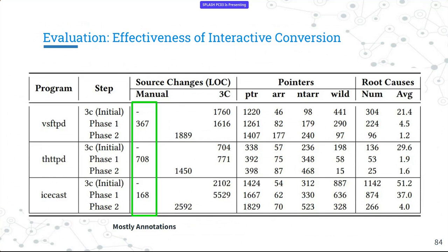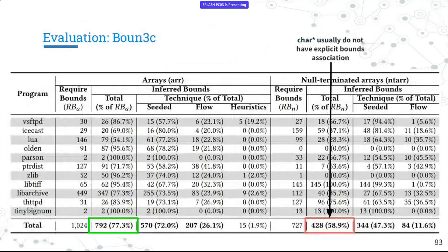The question is, what if you're wrong about that heuristic where you took the integer in the struct to be an indicator of the size? Yeah, that's right. We have a mode in 3C where you can just disable the heuristics and run. In which case, we do have a report saying which pointers were inferred through heuristics, so the developer can fix them.